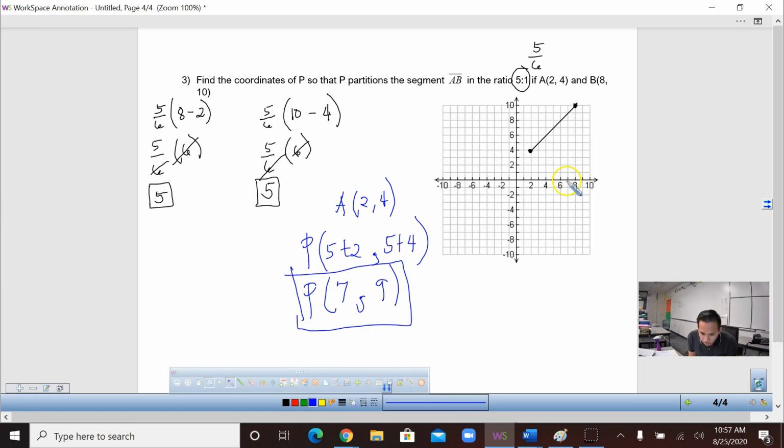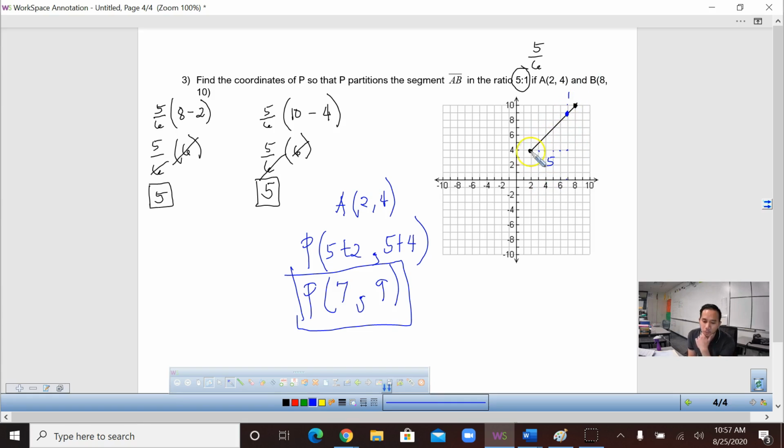So 7 is here, then 9 will be in here. As you can see, that is 1, 2, 3, 4, 5. Okay, that's 5, and then this one is 1.